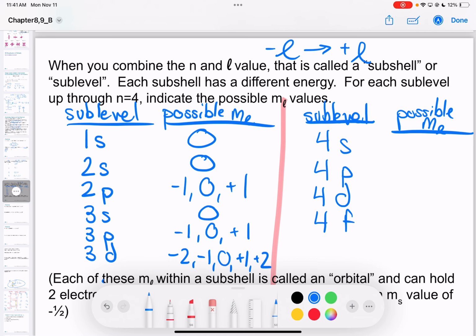So we need to look at what l is. We don't actually worry at this point about what n is. We're just looking at l. So an l of 0, which is what s means, the only possible M sub L is 0. p is an l of 1, so that could be negative 1, 0, or positive 1.